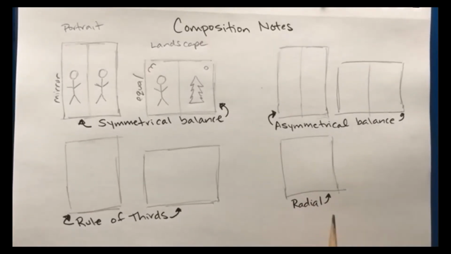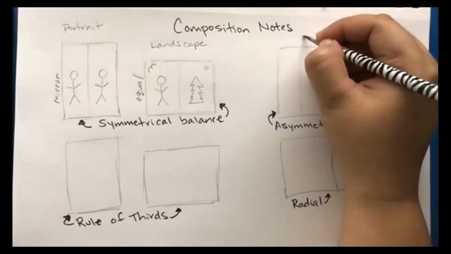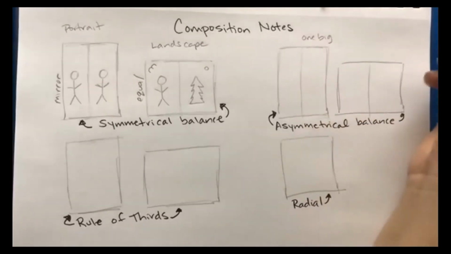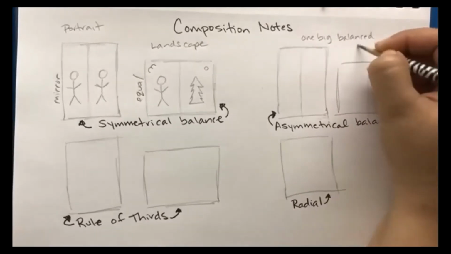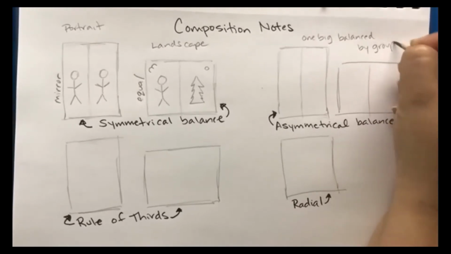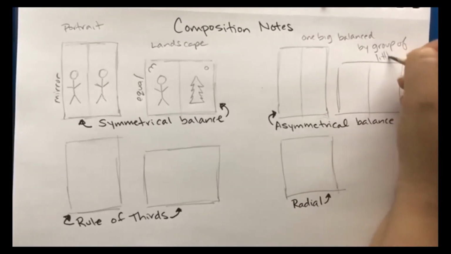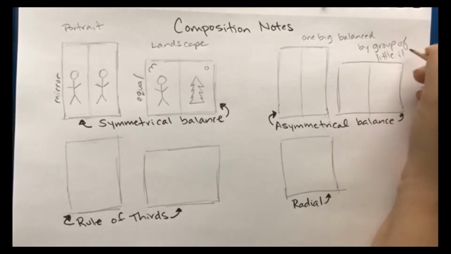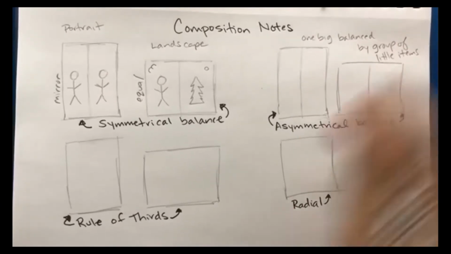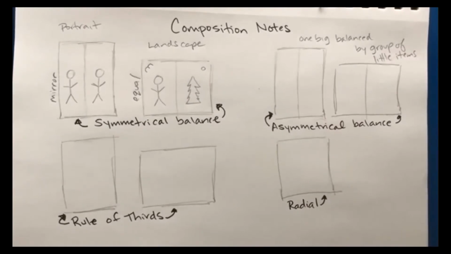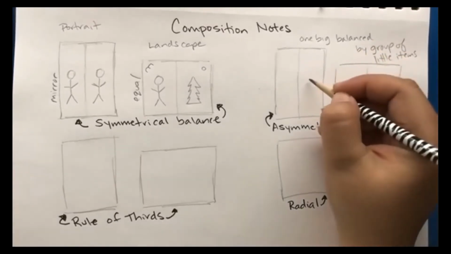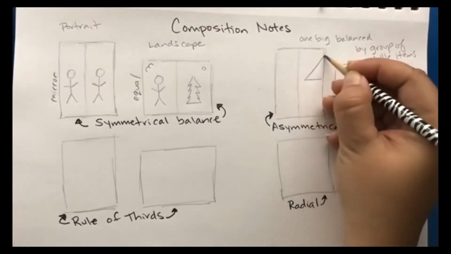Asymmetrical is a little bit different. It's one big item on one side, balanced by a group. It's one big thing balanced by a group of little items. What that might look like, maybe we have part of a big house here.